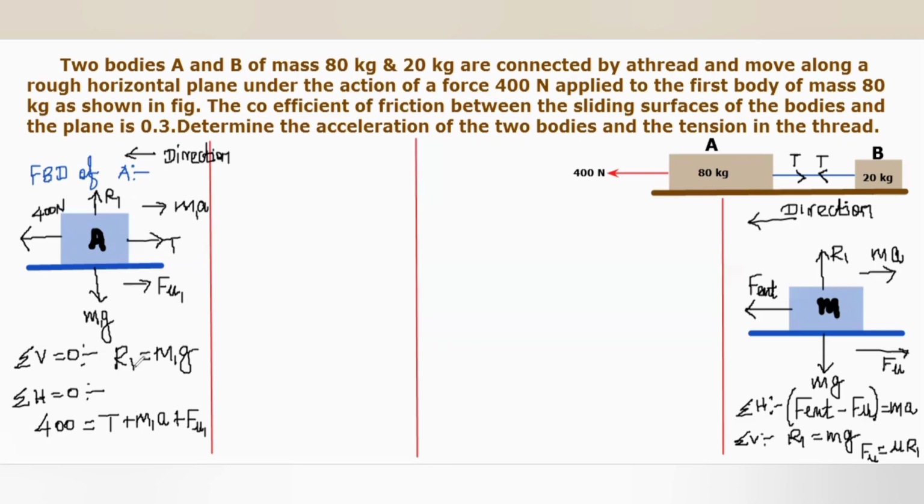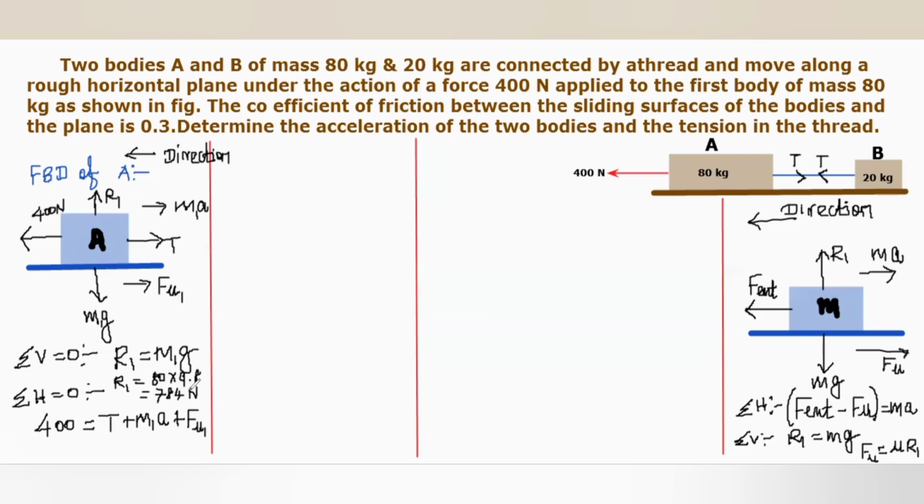So here R1 equal to M1G, the mass of the object A, 80 multiplied with 9.8. So R1 equal to 784 Newton.